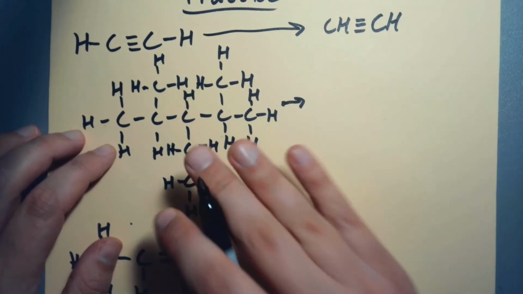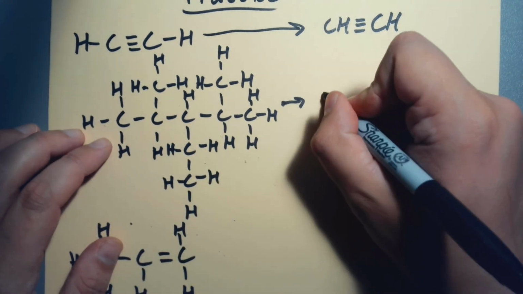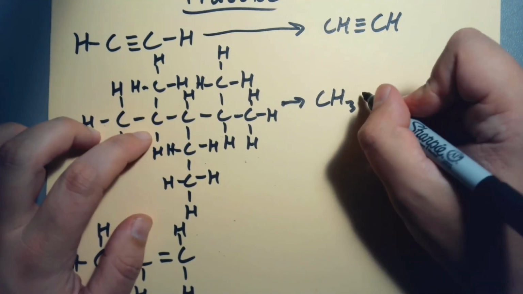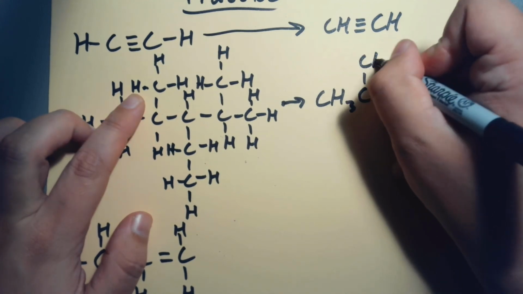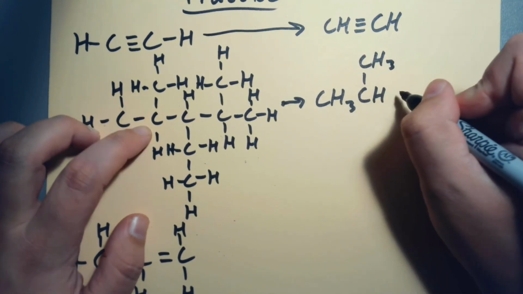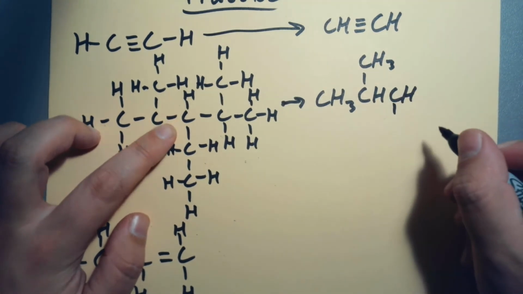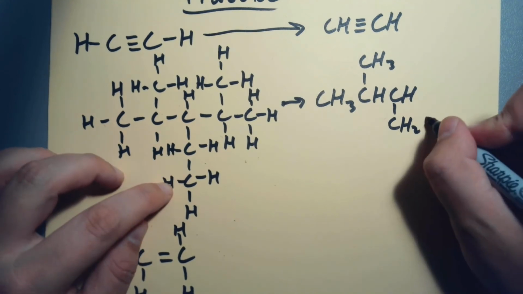All right, this one. Time to cowboy up. We've got a CH3 to start out. This carbon only has 1 hydrogen, but it has a side chain. That's a CH3. Okay, and then we've got another CH, and we've got a CH2 connected to a CH3.